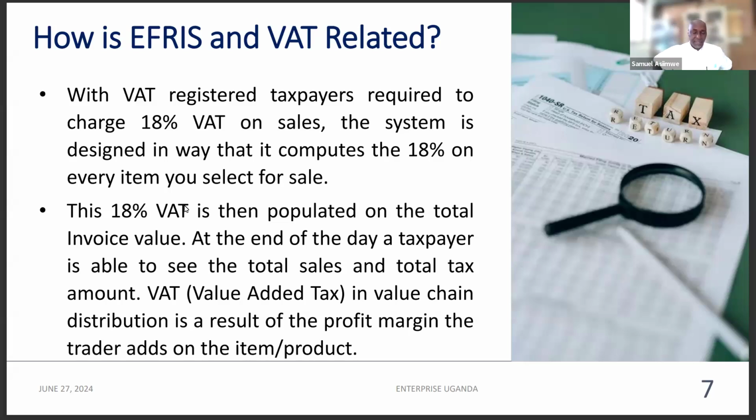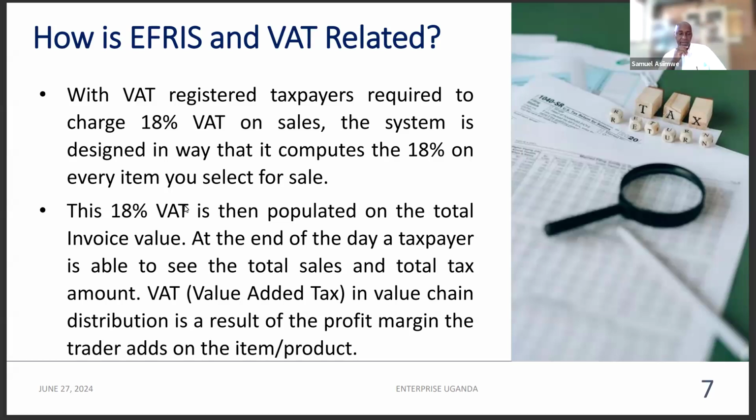This 18% VAT is then populated on the total invoice. You are making an invoice, of course, you have item 1, item 2, item 3. It is populating itself to get you the total VAT. And at the end of the day, the taxpayer is able to see the total sales and the total tax amount.